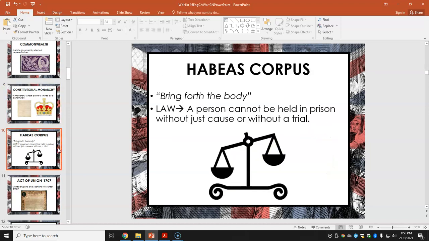One of the things that we mention in any class, especially our senior government class, is habeas corpus, this idea of bring forth the body. So, the rule of law is just the idea that a person cannot be held in prison without just cause or without a trial.